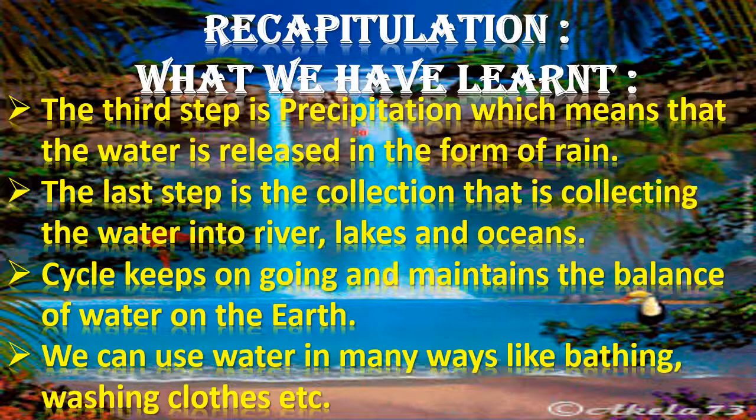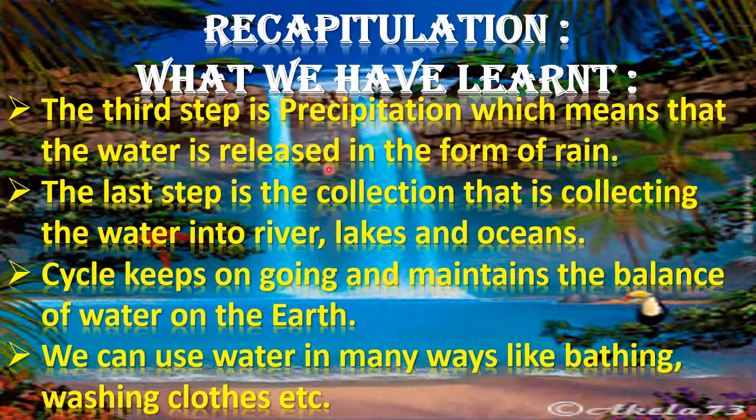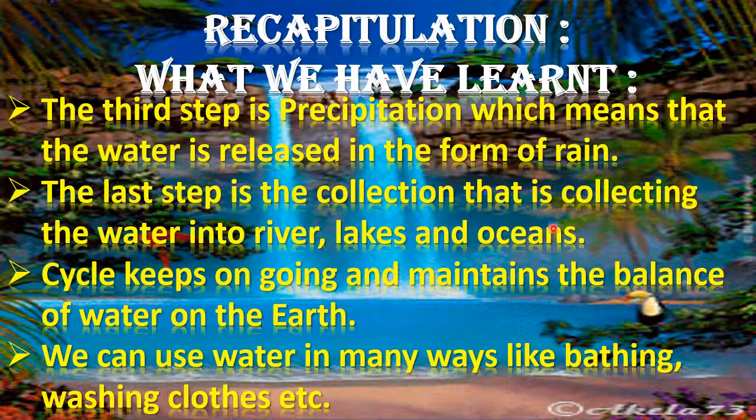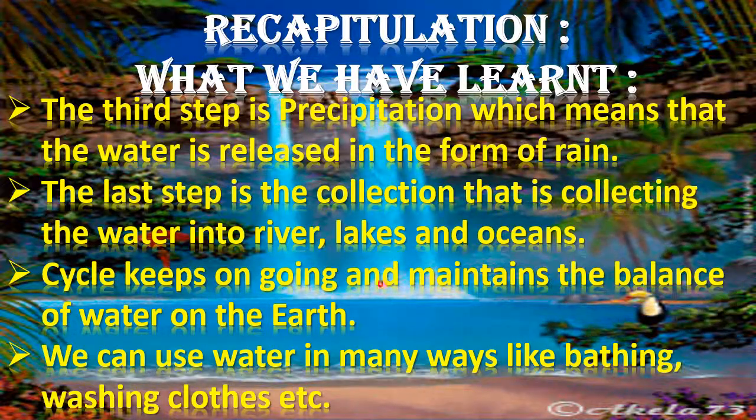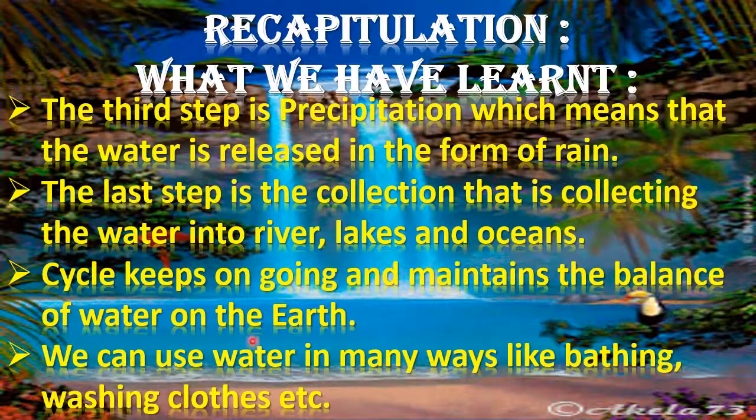The third step is precipitation, which means that the water is released in the form of rain. The last step is the collection, that is collecting the water into rivers, lakes and oceans. This water cycle keeps on going and maintains the balance of water on the earth.